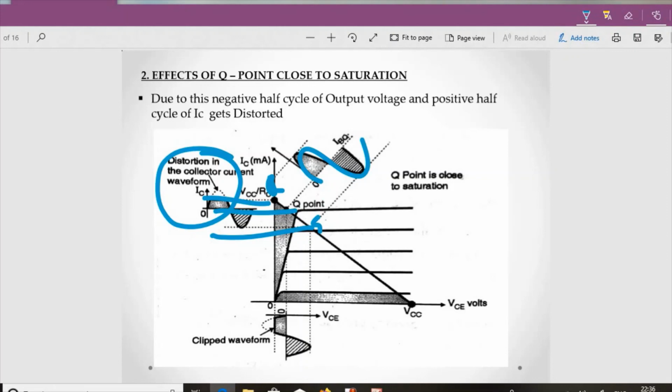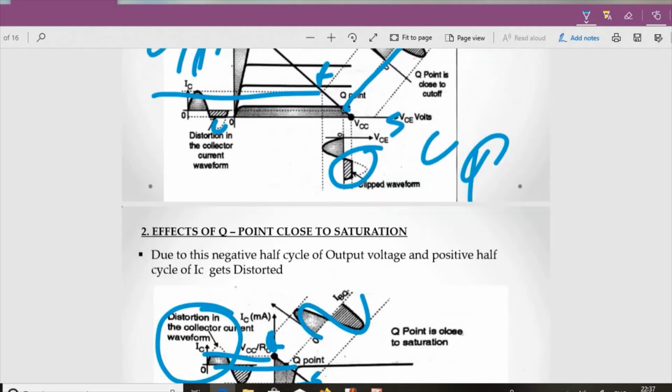Similarly, in the VCE voltage waveform, the negative half cycle would be clipped off and you are getting the positive half cycle. But your job is not to clip it off, you require the amplification of it, and in amplification you require both half cycles.